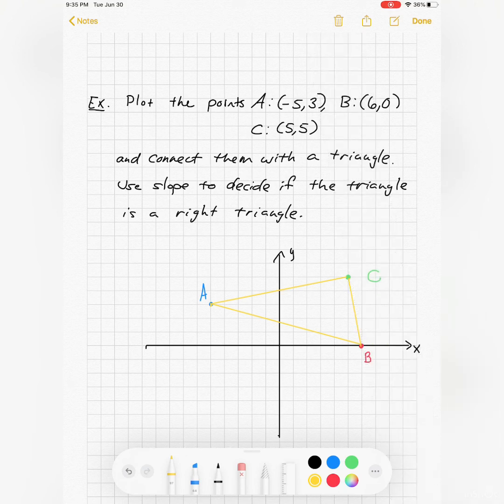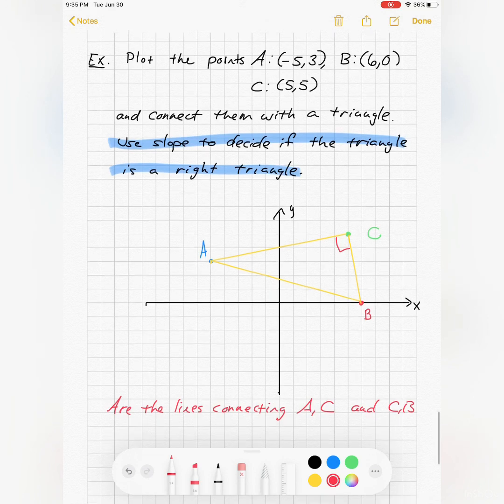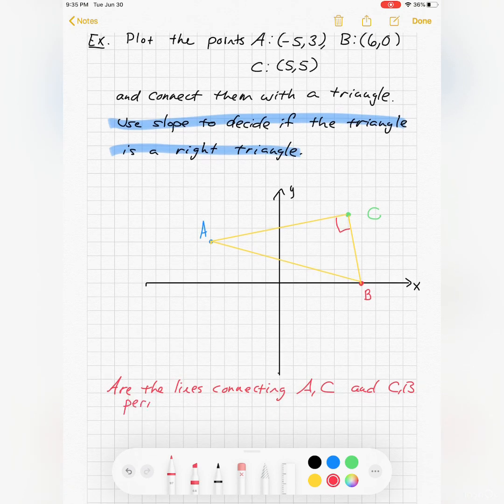Okay, and then what? It says, use slope to decide if the triangle is a right triangle. So the question here is, is this a right angle? Is that a 90-degree angle? I guess the question would be, let's phrase it this way: are the lines connecting AC and CB perpendicular?